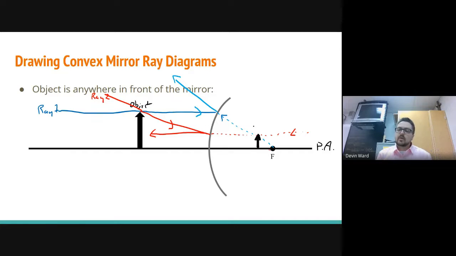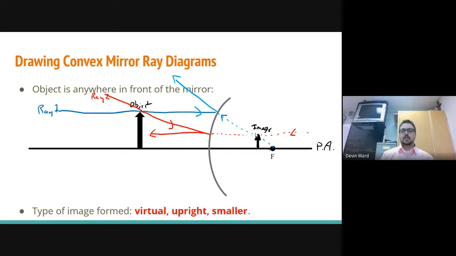Okay, so here's our image. So because there are two dotted lines crossing, it's going to be a virtual image. It's also behind the mirror, so again, that's why it's virtual. Or just another clue that it's virtual. It's also upright because it's also going up, and then it is smaller than our object, okay?